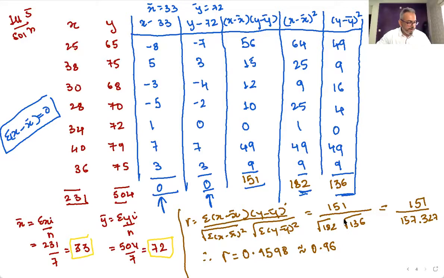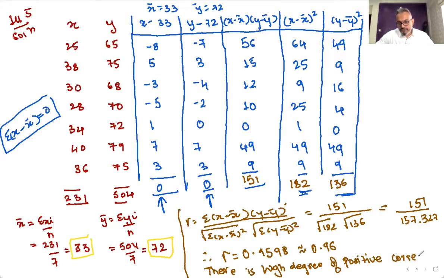Great. Okay, so you got 0.96. Now this is not over. The sum is not over. You have to interpret. So here you can see that r is very near to 1. So there is a high correlation. So here we can say that there is a high degree of positive correlation.